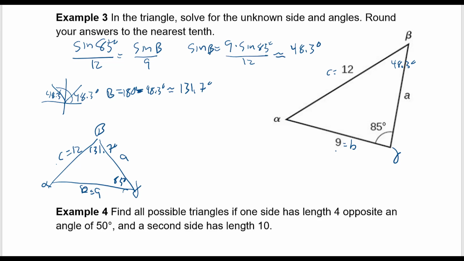Find our A and our alpha now. So in this case up here, again, go with what I know. I guess I can subtract to find alpha. So alpha is going to be 180 degrees minus 48.3 degrees minus 85 degrees. So what's our alpha going to be? 46.7 degrees.